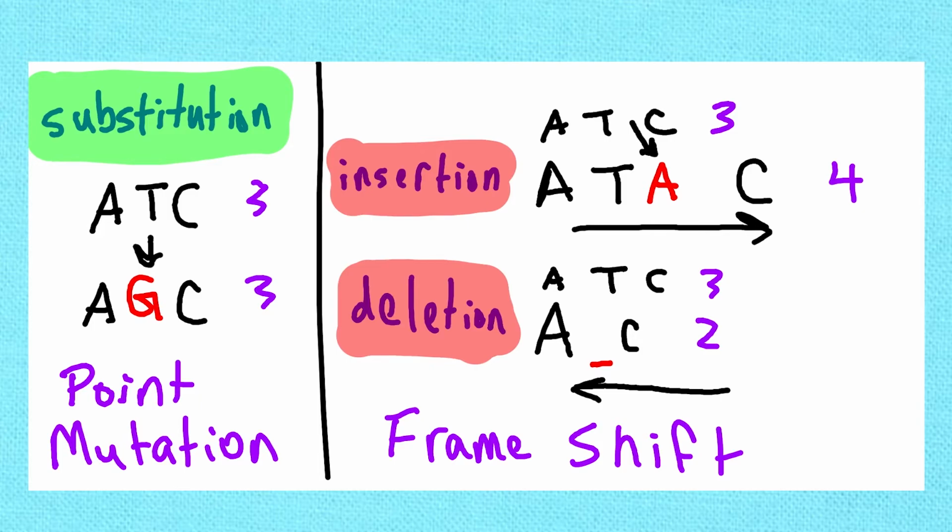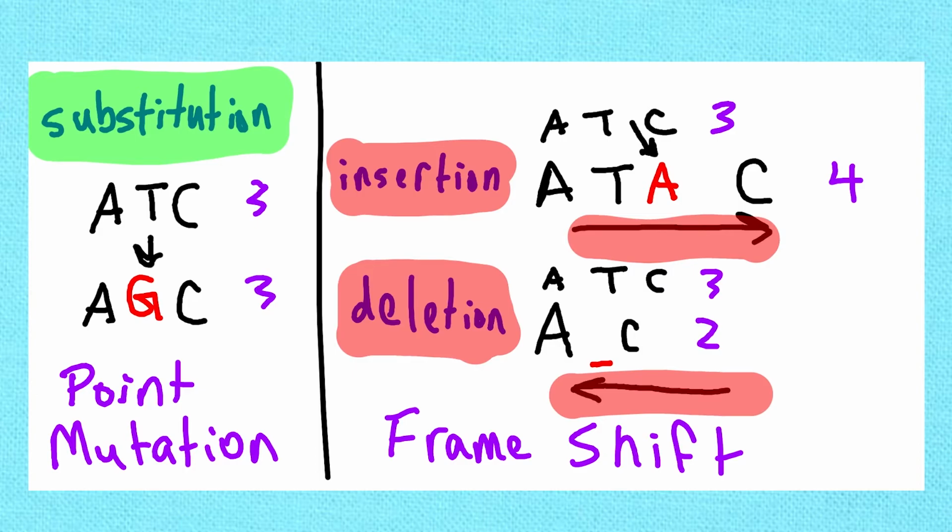If they're early on and they shift everything to the right or everything to the left, that's going to mess up every single codon from the point of mutation on. That means it's going to mess up every single amino acid it codes for after that weird insertion or weird deletion, which, as we know, will make a completely different protein.